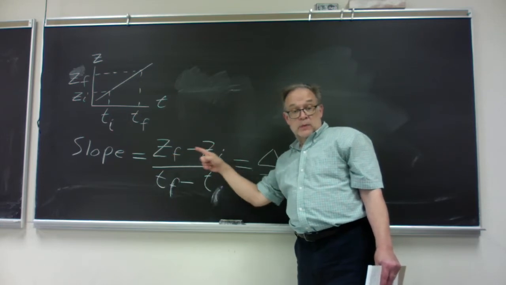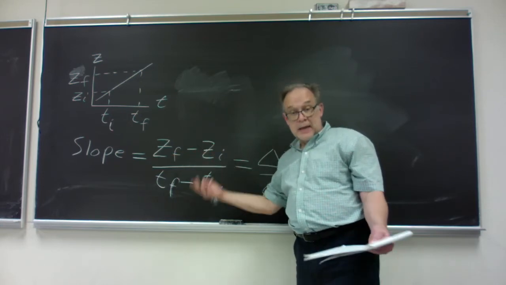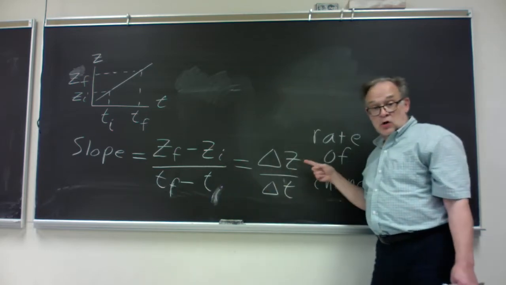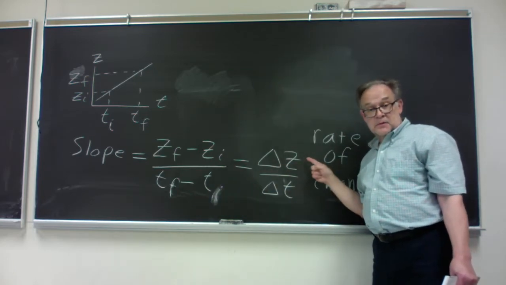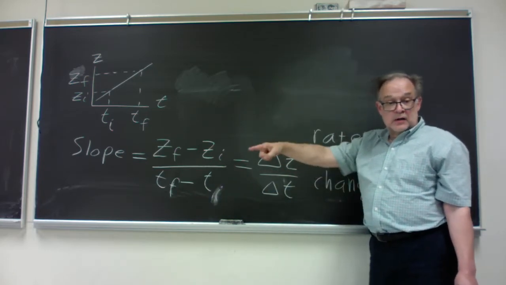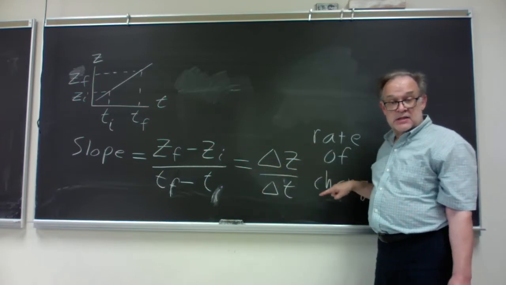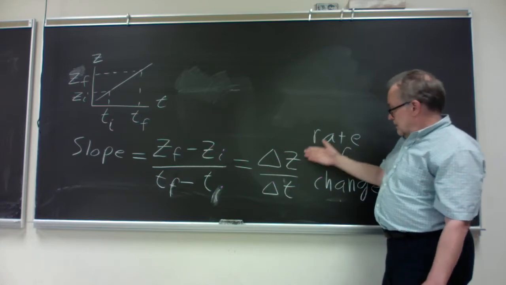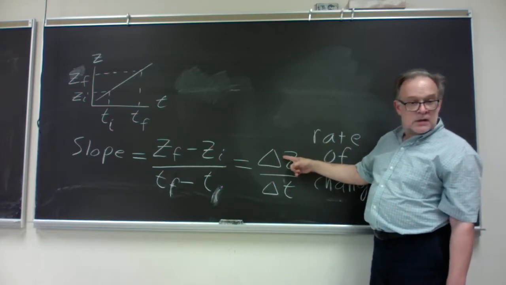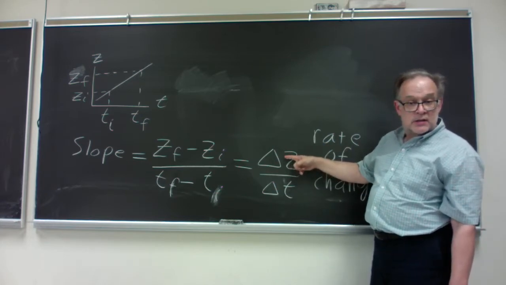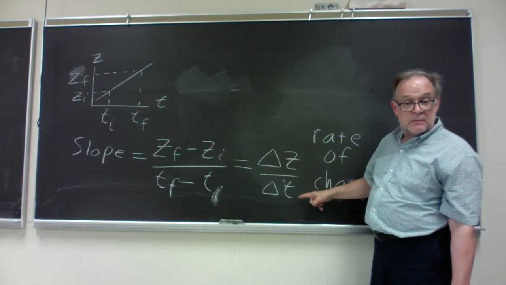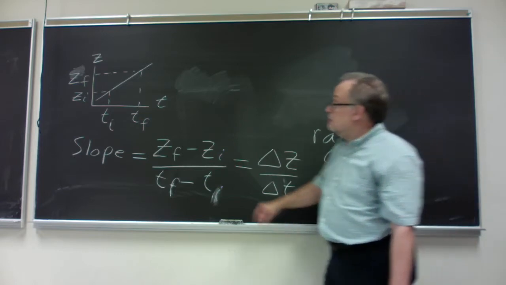And we can write this in a more compact way. Final value minus initial value of anything, we always write as delta thing. So final minus initial z, just delta z. Final minus initial t, just delta t. This is the change in our variable z divided by the amount of time it took to make that change.